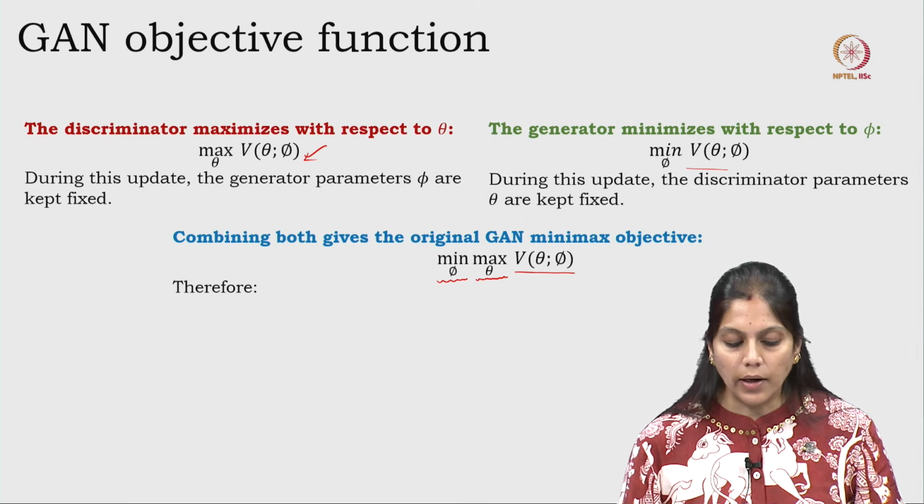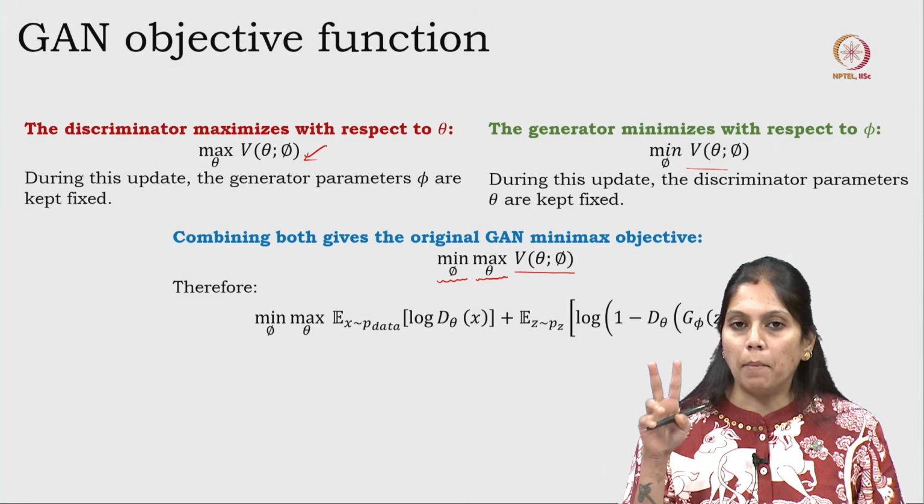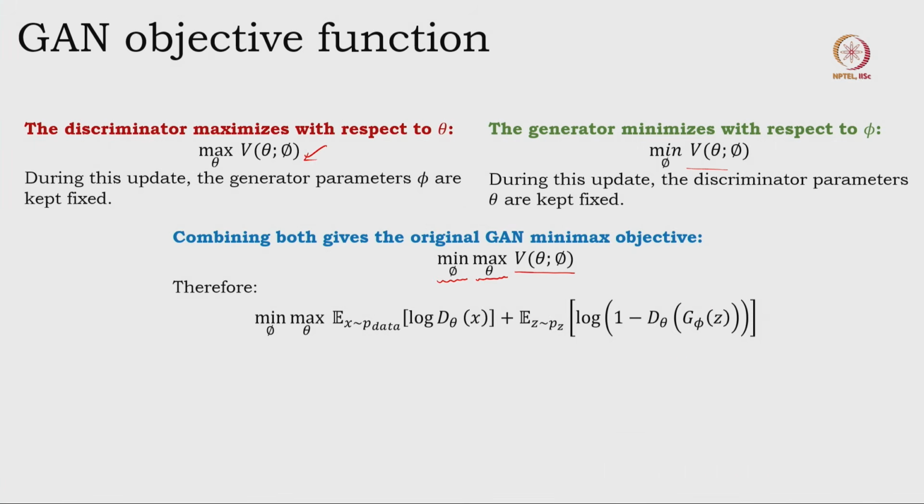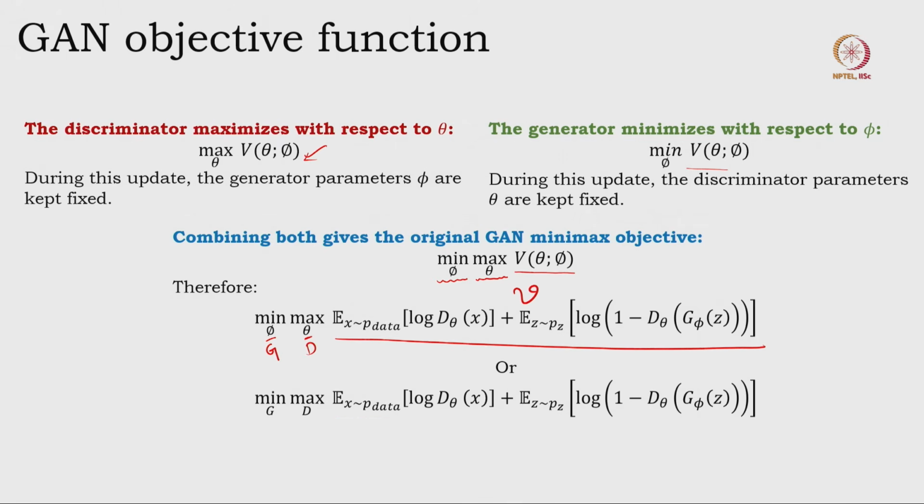So can we now write this as min-max? That entire V is whatever we have seen so far. Now here phi is with respect to G, theta is with respect to D. So can we write it in terms of G and D?